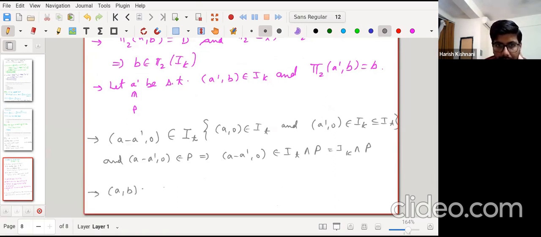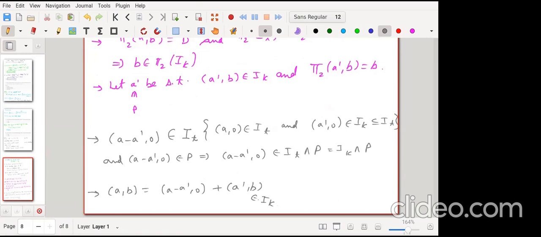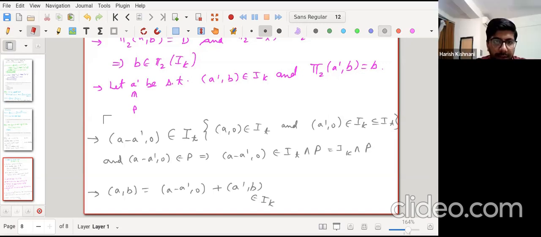It is (A minus A dash, 0) plus (A dash, B). This was already inside your IK, right? Yes, sir. Somewhere we have made a mistake in this middle step, I'm just correcting it.